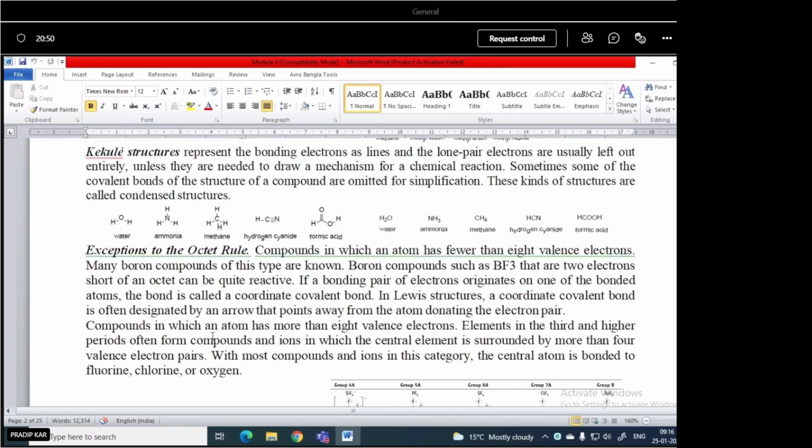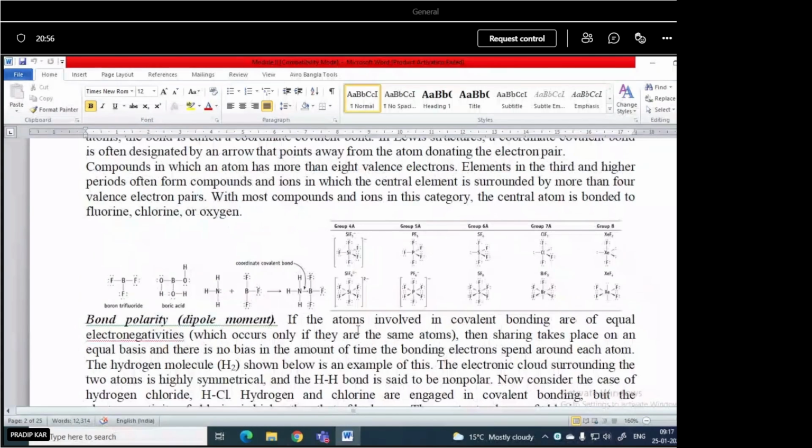But here the problem is the exceptions to the octet rule. Probably you are aware of that. In compounds like boron trifluoride, the octet of boron is not filled. In boric acid also this is true. When a coordinate covalent bond is formed between NH3 and BF3, the nitrogen donates to B to form the coordinate covalent bond, because B has an incomplete octet.